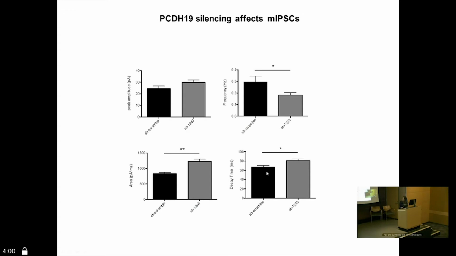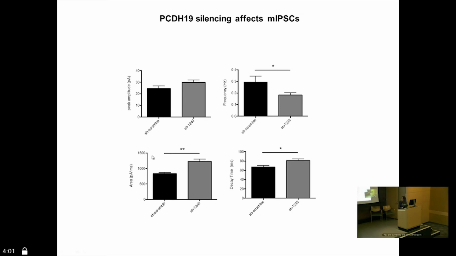And as expected, we also observed an increase in the decay and area. So the conclusion of these results is the following: in the absence of protocadherin 19, there are fewer synaptic contacts, but they still work well because we didn't observe a defect in amplitude.